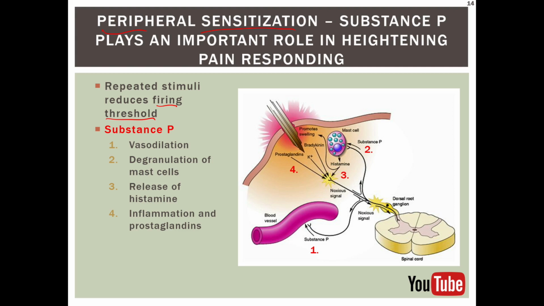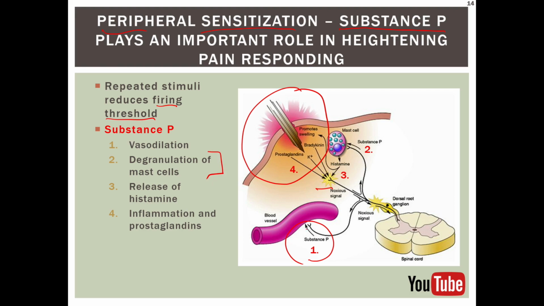All of this seems to be linked to a peptide known as substance P. And substance P is one of the neuropeptides that is released when there is an injury. And so when there's an insult of some sort, there is a stimulus, you get release of substance P, which stimulates areas in the blood to degranulate your mast cells.